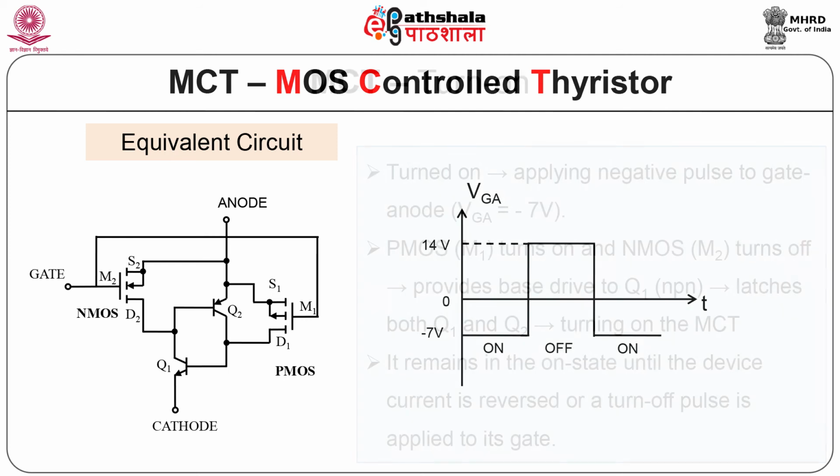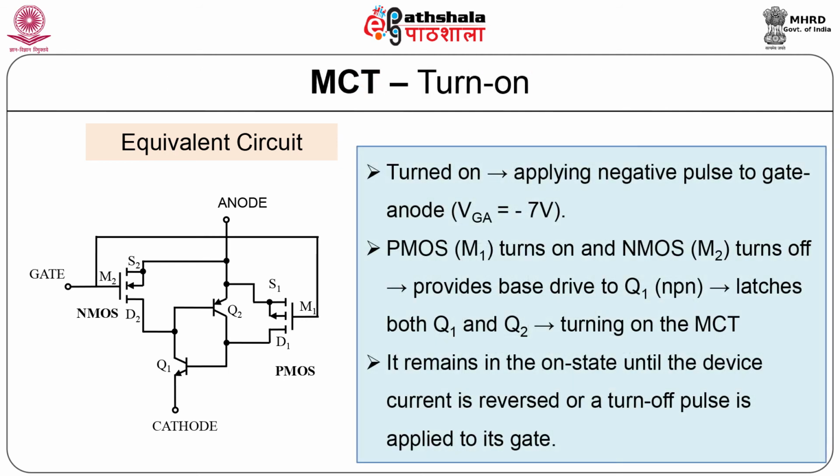MCT turn on. MCT can be turned on by applying a negative pulse to gate and anode, that is VGA is minus 7 volt. By applying negative pulse, M1 will turn on, which will drive the transistor Q1. Q1 will drive Q2 and it will turn on the MCT.